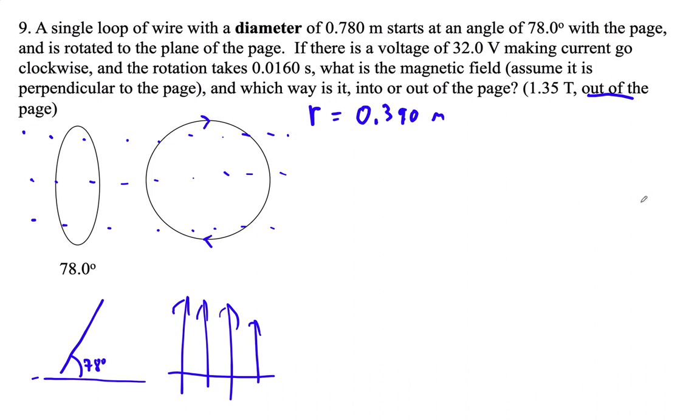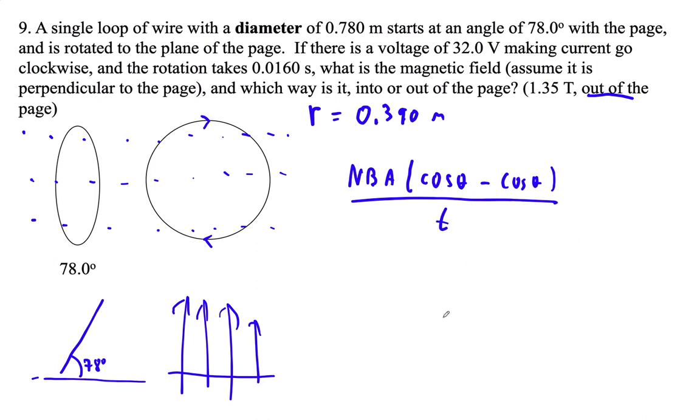And now let's figure out what the magnetic field is, okay? Now what's changing here is it's NBA cos theta, right? And what's changing here is the angle. So it's cos theta final minus cos theta initial, right? And that's over time, okay? And that's going to be our EMF.